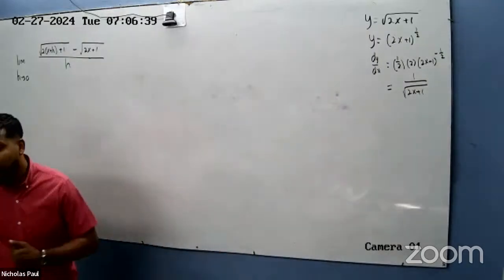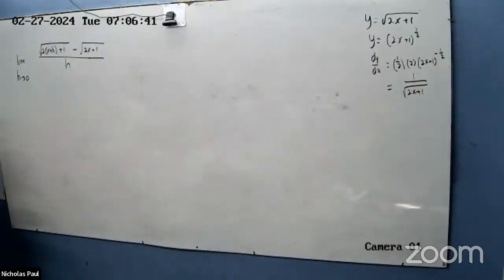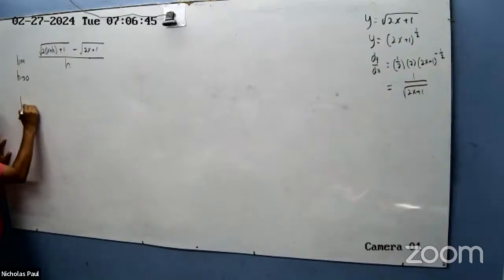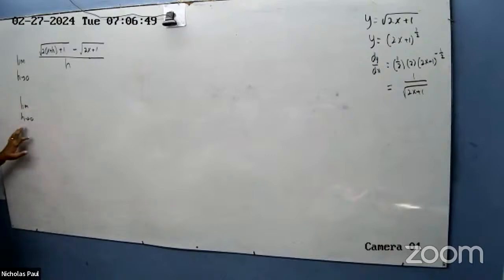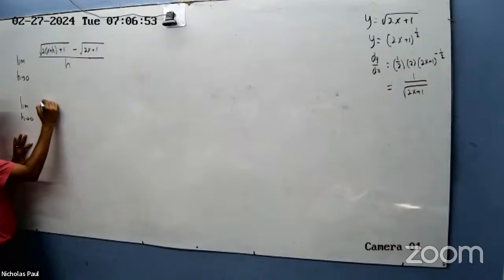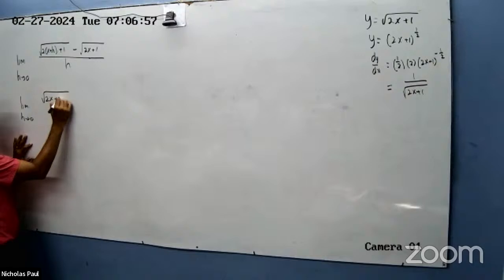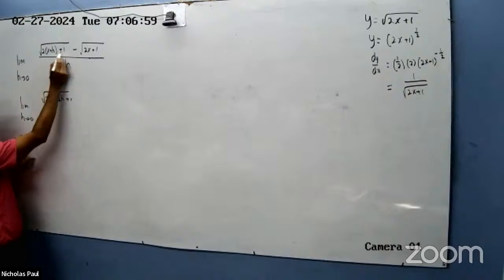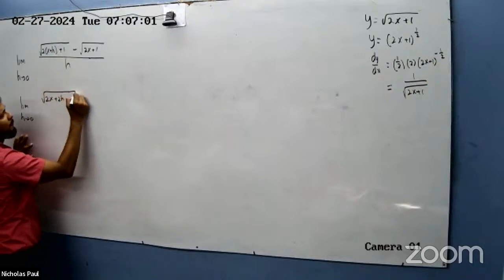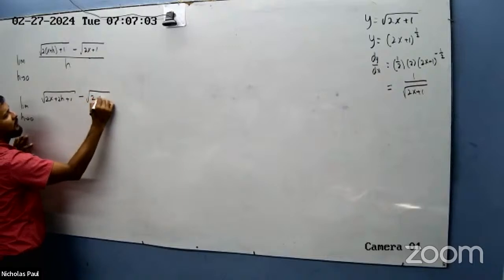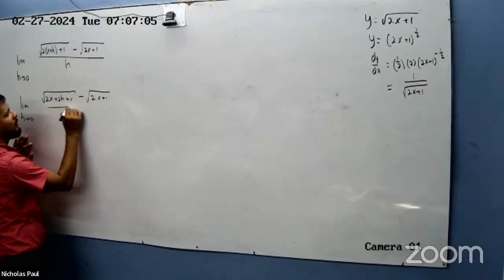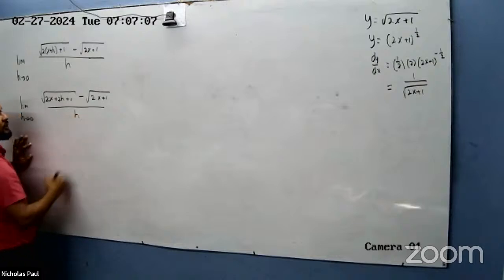Right, our answer is supposed to look like that. So we're going to get the limit as h approaches 0 of the square root of 2x plus 2h plus 1, I'm multiplying this out, minus the square root of 2x plus 1, all over h.